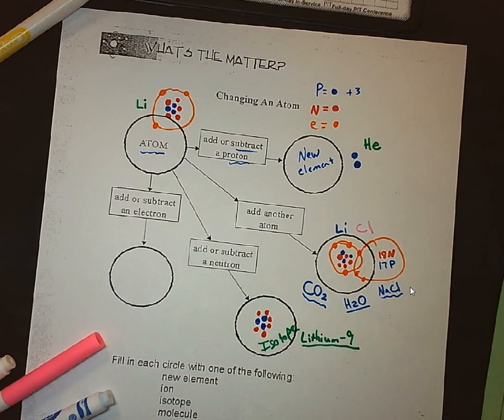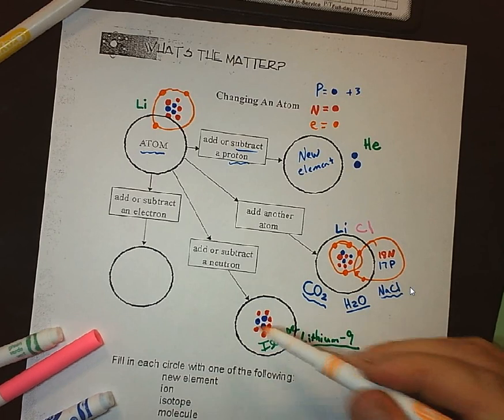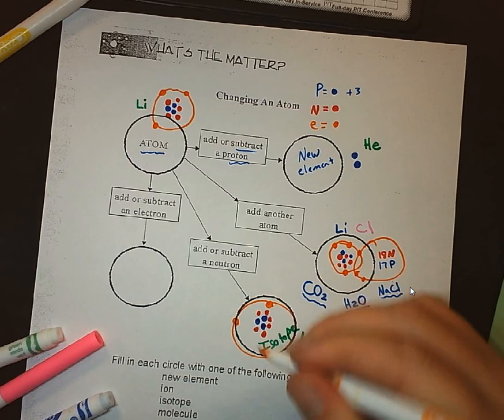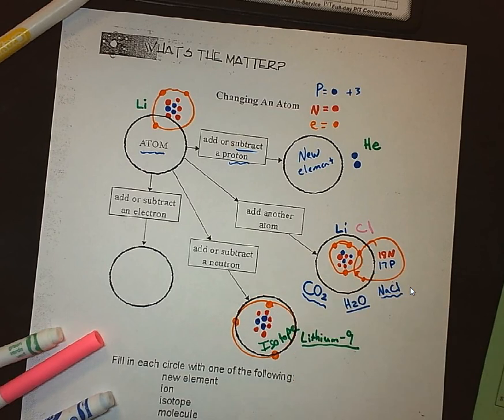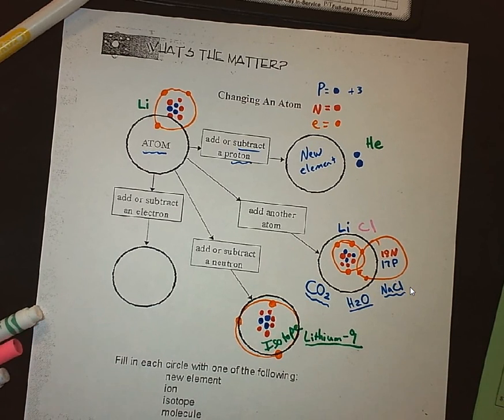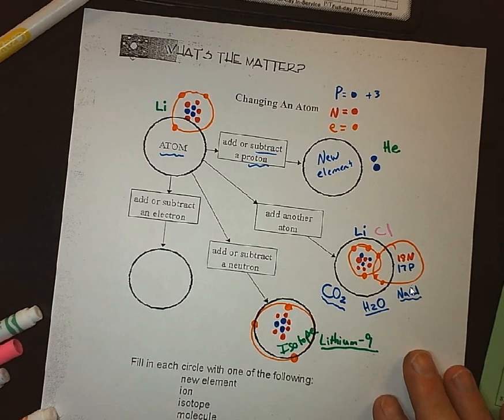Same thing, we have our 3 positives because we are an atom, 1, 2, 3. We have our 3 electrons. Now what's going to be new is when we add or subtract an electron. This is what we're going to call ions. Ion.